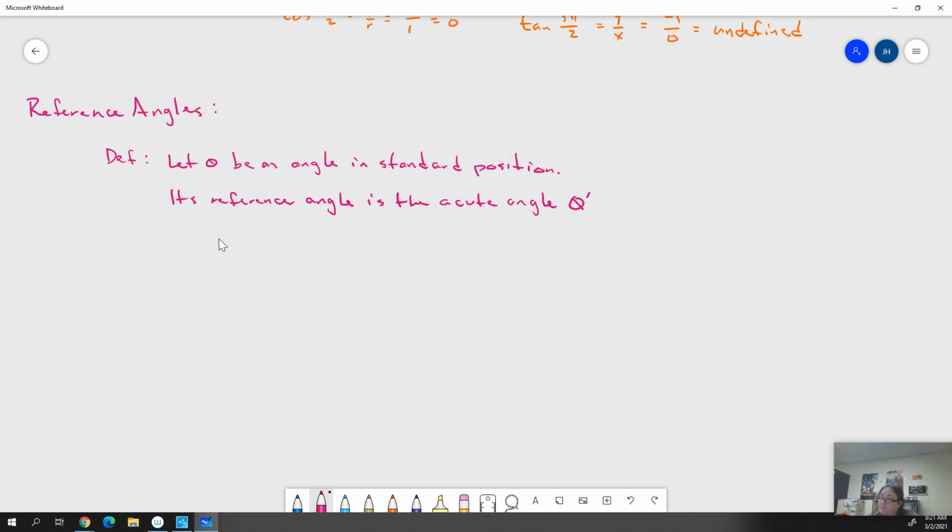That's what that little line means. It just means it's prime. Formed by the terminal side of theta and the horizontal axis. Don't worry, I will explain all of this.